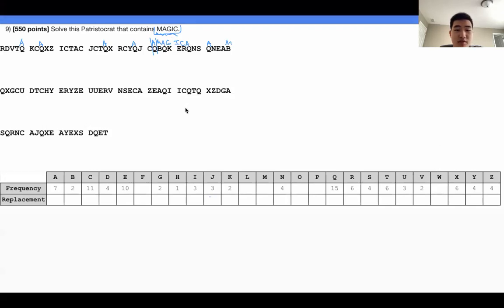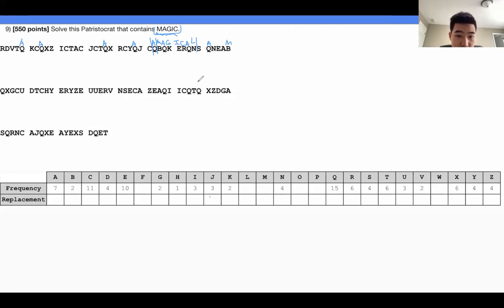Because it's probably not magic, right? Because otherwise it would have to be like a magic. Anybody got any guesses for that magic word? It'd be magical, right? Or magician. A magician's the eye, yeah, exactly. So we can probably cut it off here. And it's not magically because we don't have that double L.